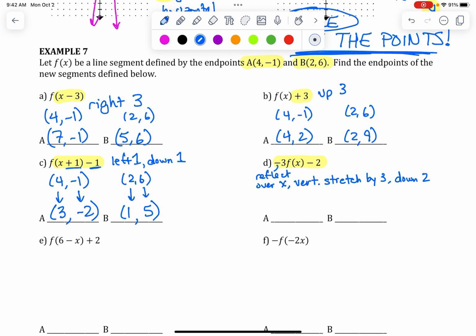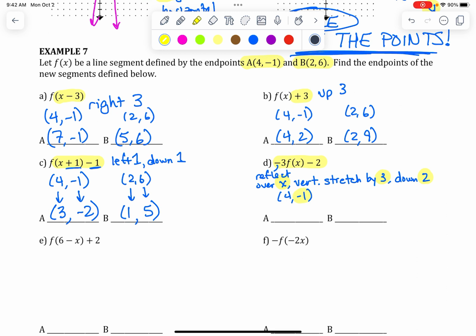So if you take your (4, -1) point, well, in fact, the x value doesn't change at all, right? Because reflecting over the x changes the y value. Stretching it vertically changes the y value. And moving it down 2 changes the y value.